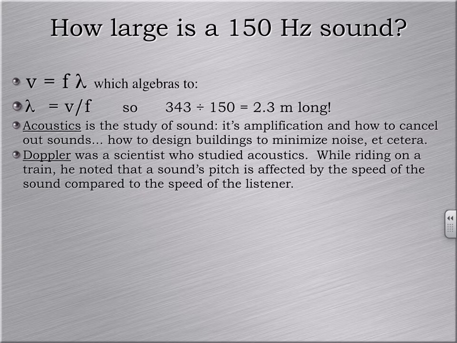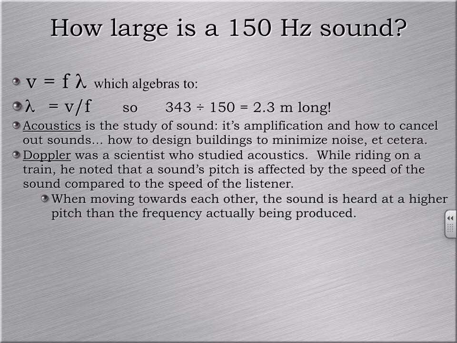On the other hand, if I'm backing up and I'm throwing them, now the distance is getting bigger and bigger, so I keep throwing them at 1 per second, but they're hitting her with a slightly larger interval than 1 per second. So the frequency she feels them is different than the frequency I'm throwing. Does that make sense? So that's essentially what's happening with the Doppler effect.